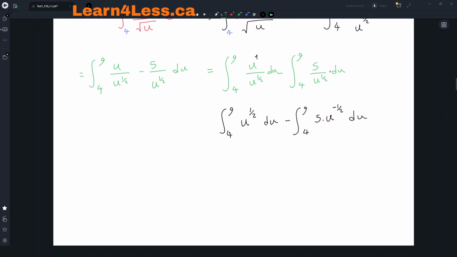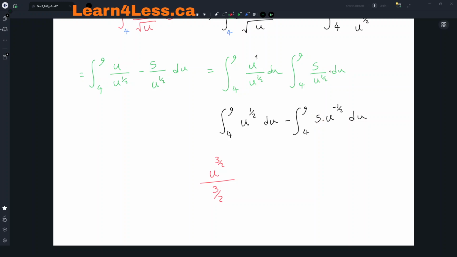Now we can simply take the integral. The integral of u to the power of half is a power rule, which is u to the power of half plus 1, which gives us 3 over 2, over this new power 3 over 2, and this integral would be the same still.